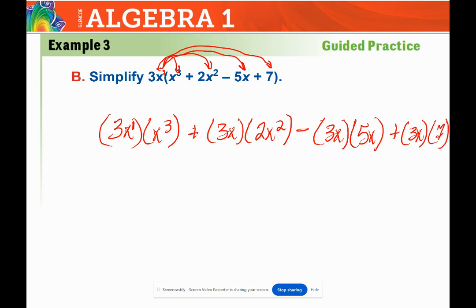Remember, powers we're going to add, and this power is 1, so 3 times 1, if I don't have a number there, it's 1. 3 times 1 is 3, and then 1 plus 3 is 4, so it'd be x to the 4th. 3 times 2 is 6, and then 1 plus 2 is 3, so x cubed. 3 times 5 is 15. 1 plus 1, because those are the powers of both my x's, is 2. Plus 3 times 7 is 21. And then x.